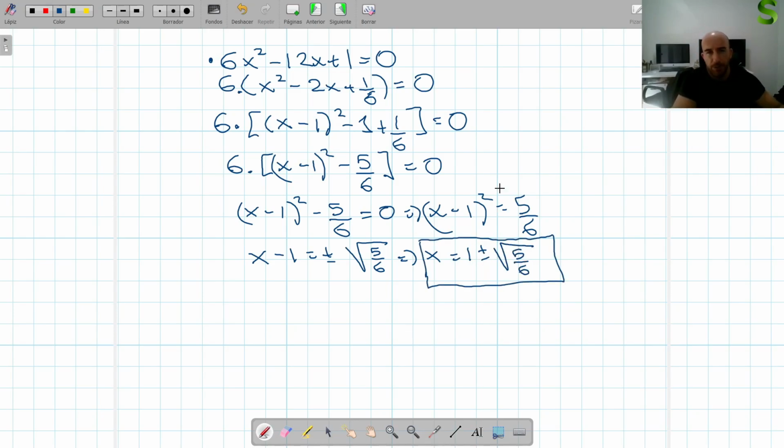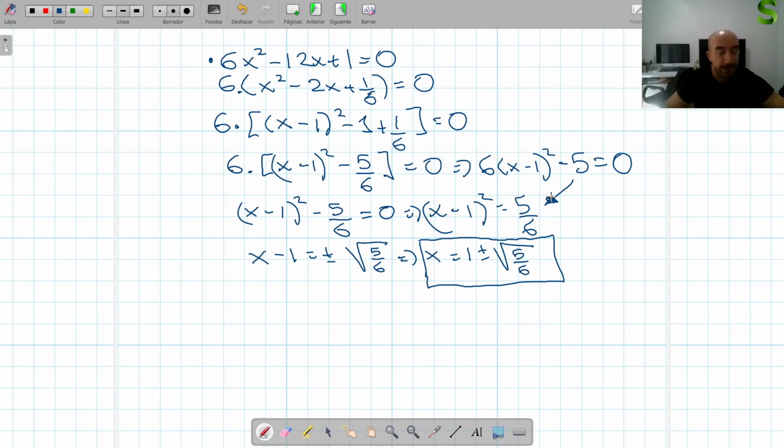So that would be the solution. Also remember that if we wanted to expand this for whatever reason, we could get that another way to write this would be this. Okay, and then again, this can also be solved if we move the 5 to the other side and the 6 dividing, we again get this equation.